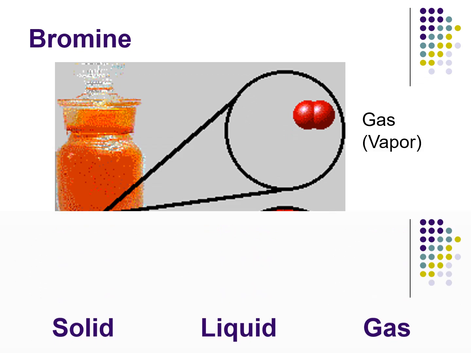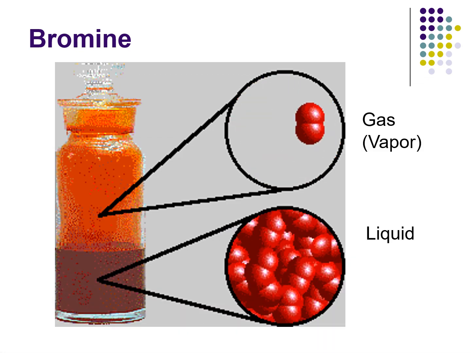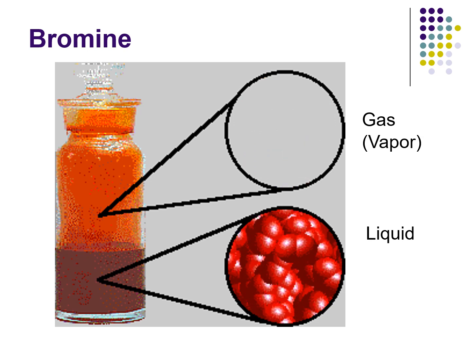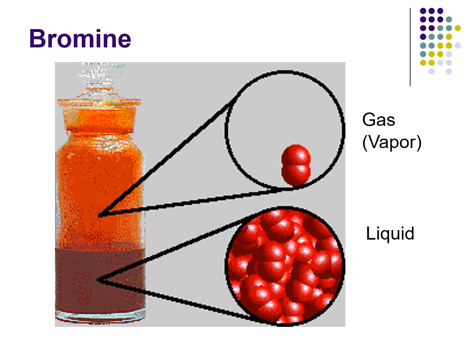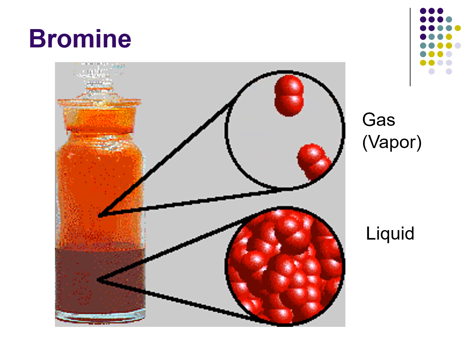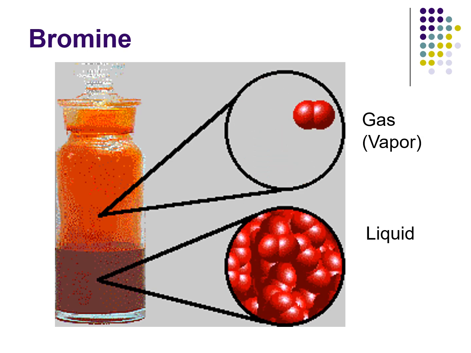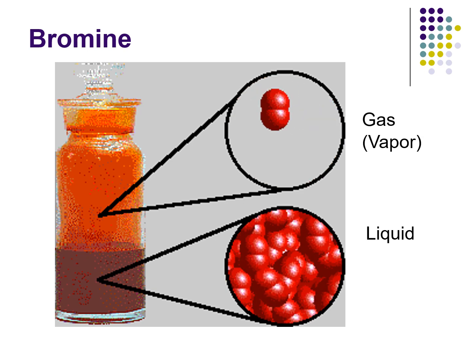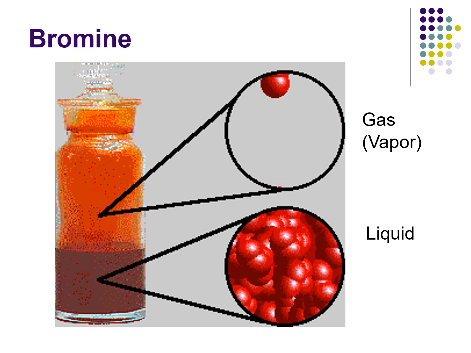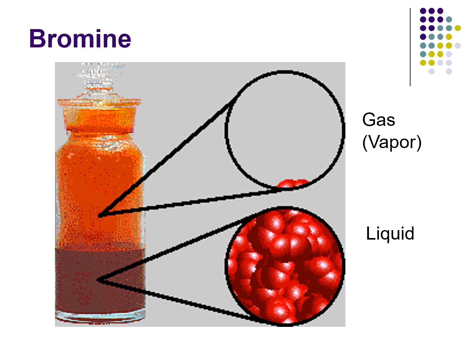Now suppose here is the bromine. Here this is the bromine in the liquid form, children. Here the bromine is in the gaseous form, that is, in the vapor form. So liquid particles are moving randomly like this, and after converting into gas, see, bromine has two atoms bonded together. That's why two atoms move in a molecule here and there.